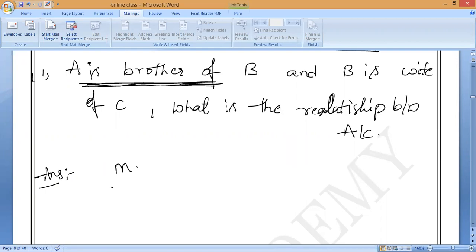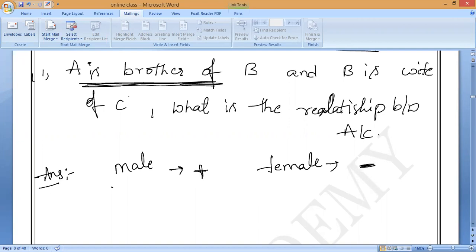Male means which symbol? Plus or minus? Last class madam taught you: male is plus, female is minus. Okay? All of you remember the signs.